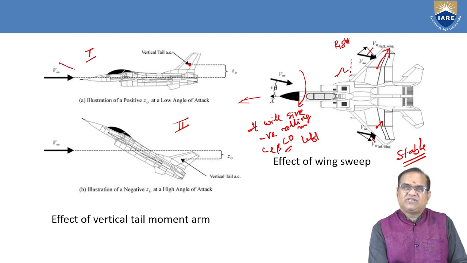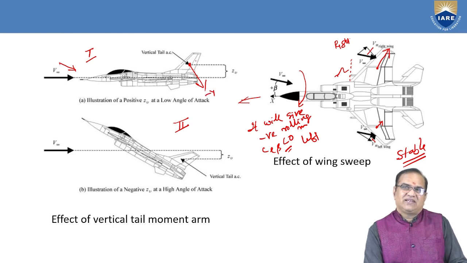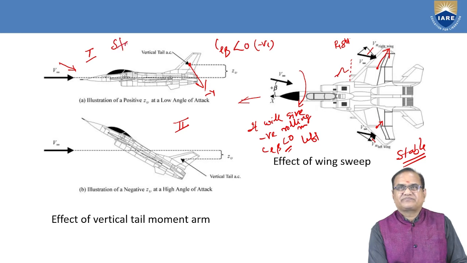If the beta is from this direction, the force will act in this direction. It is called the negative y direction, and the rolling CL beta will be less than 0, or negative. So it is a stable case.